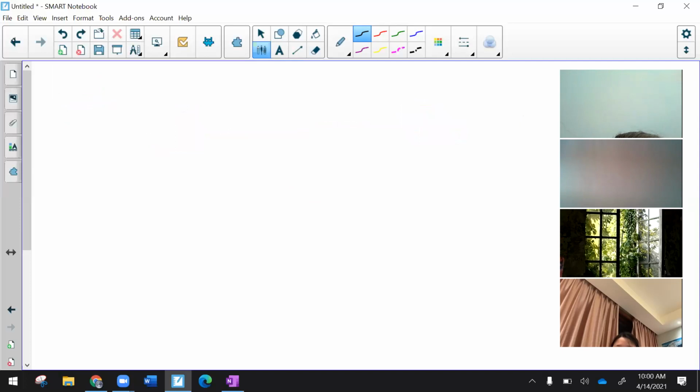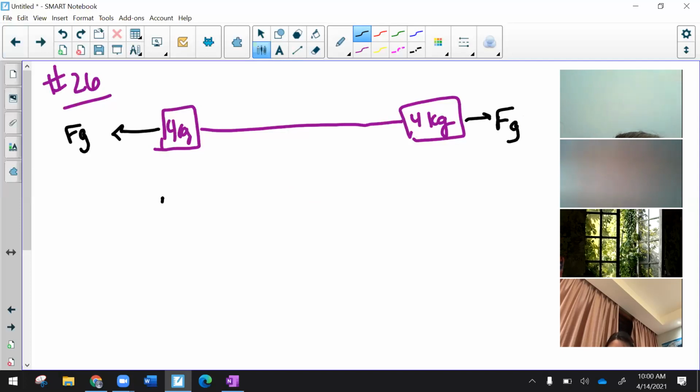So if I take any one of these blocks, I'm going to have F_G, which is mg, and I'm going to have my tension pulling in the other direction. Remember, number one, that a rope only has one tension, so it doesn't matter which of those blocks I choose. And this is actually an equilibrium problem that we were talking about earlier this week.